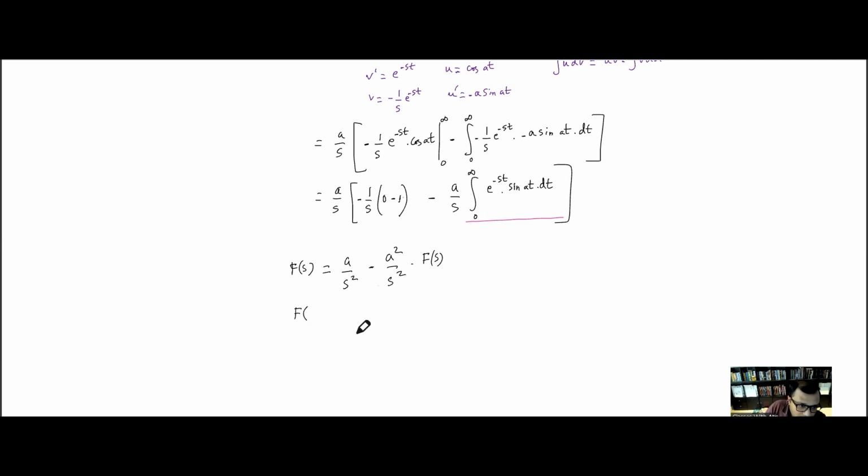So just bring f of s that side. So this becomes 1 plus a square by s square equals a by s square. Or we can say f of s is, if we multiply by s square both sides, a divided by s square plus a square. Okay, obviously s is greater than 0.